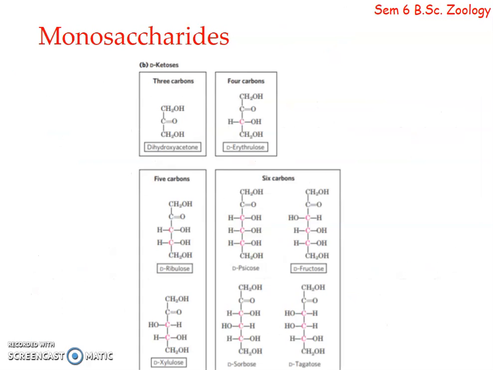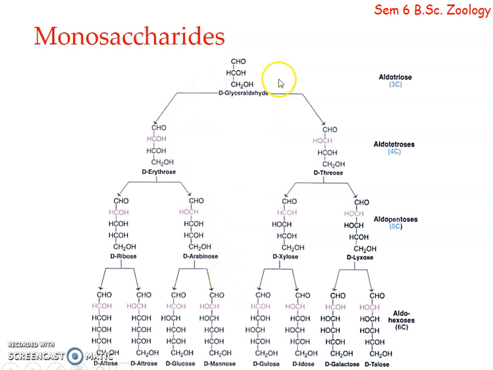Here you can see the ketoses. This is a pictorial representation of all the sugars. Here you can see glyceraldehyde, with CHO, HCOH, CH2OH, where the hydroxyl group on the second carbon is on the right side.